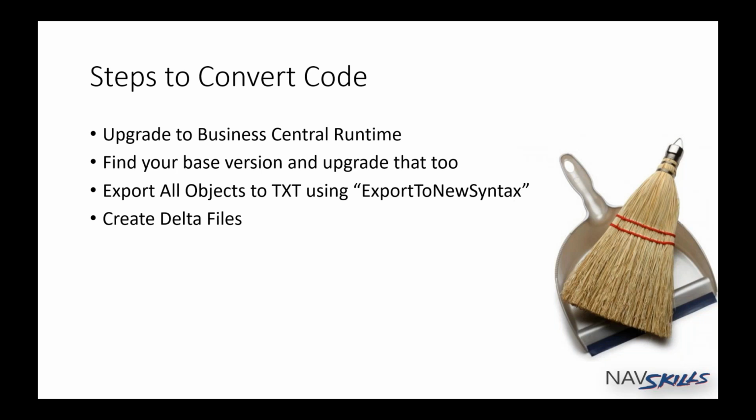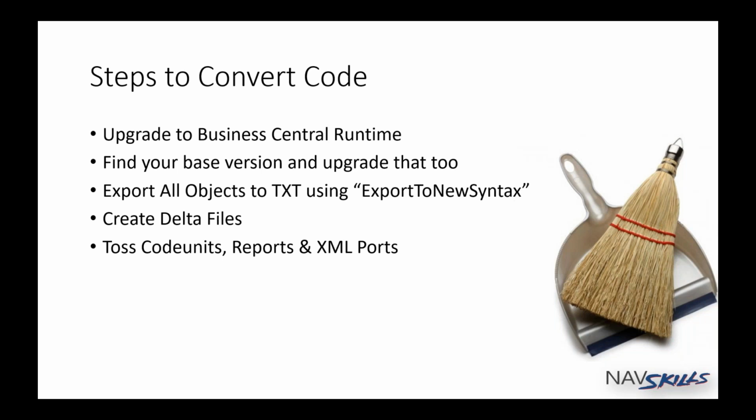But if you're not familiar with Delta files, this is something that you have to learn. But you cannot use all your Delta files. You can only use the Delta files for tables and for pages. And for codeunits, reports, and XMLports, you have to delete them. You have to deal with them in another way.